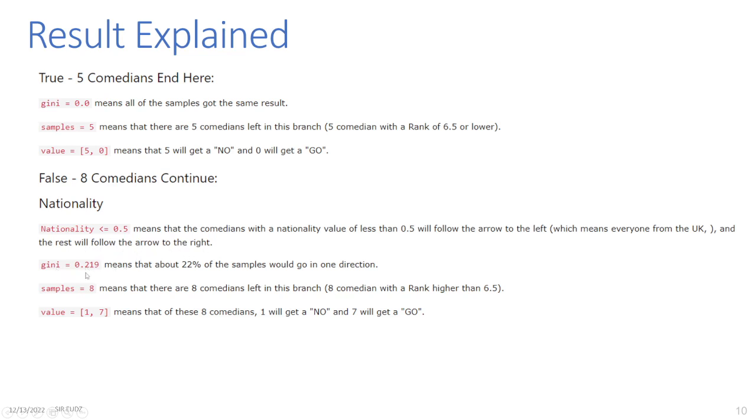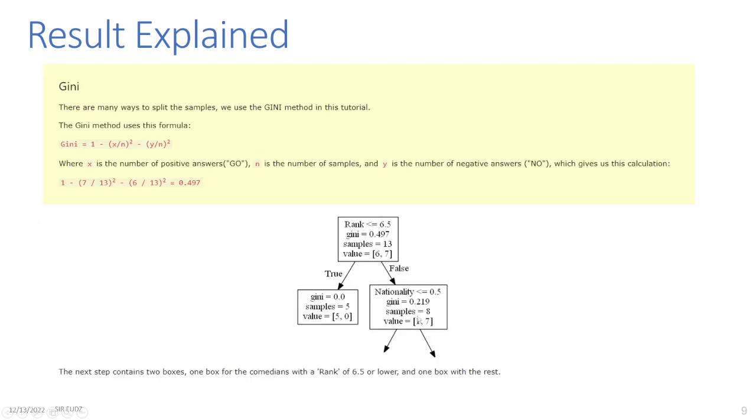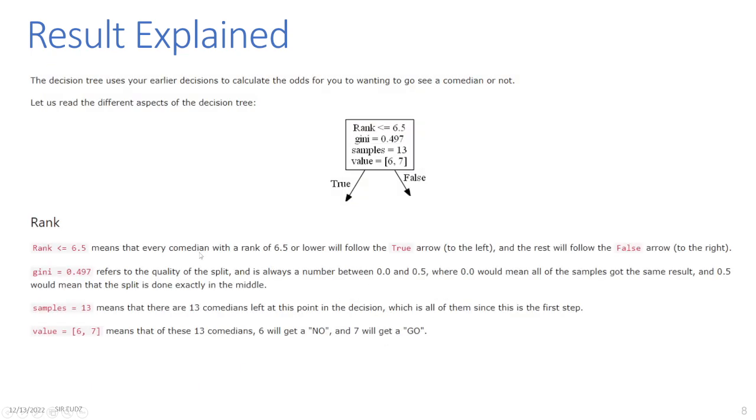Gini equals 0.219 means that about 22% of the samples would go in one direction. Samples equals 8 means that there are 8 comedians left in this branch. And value 1 and 7 means that of these 8 comedians, 1 will get a no and 7 will get a go. So that's how we view this one. Take note, the nationality is what?